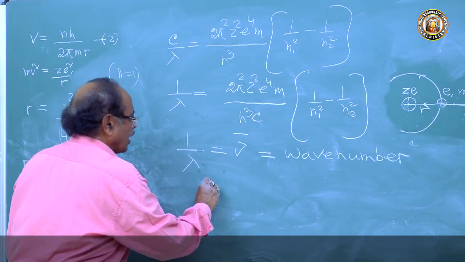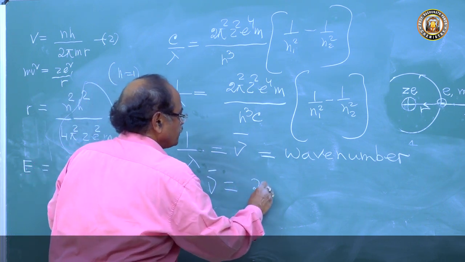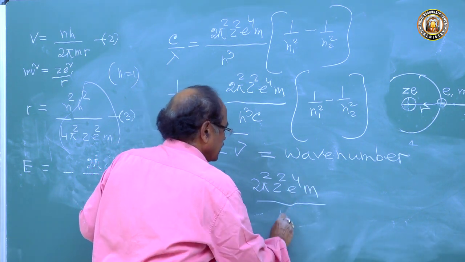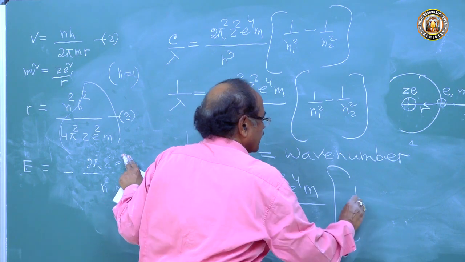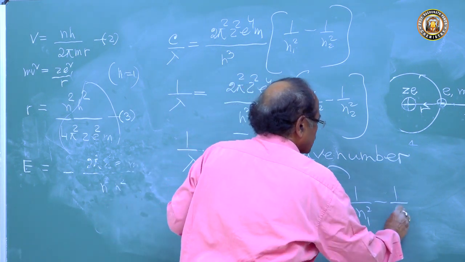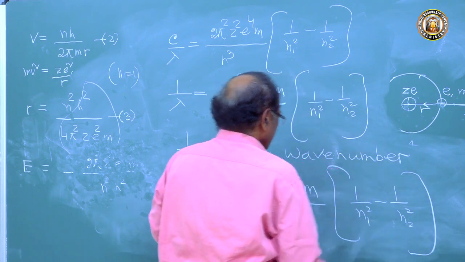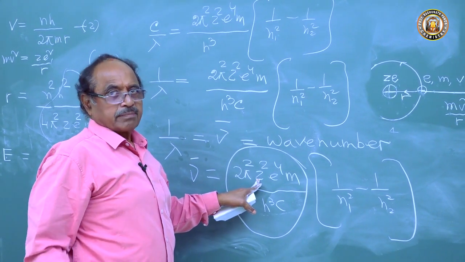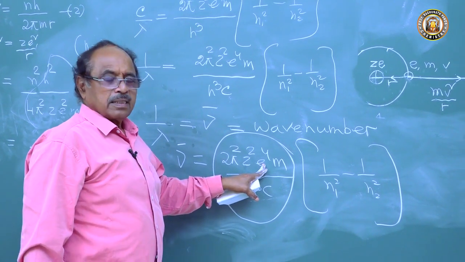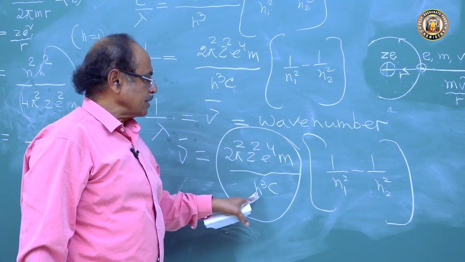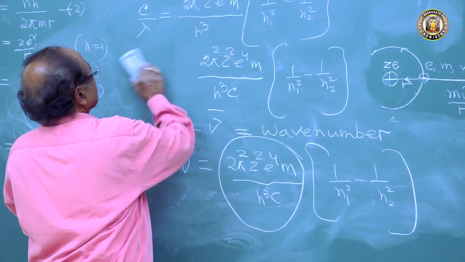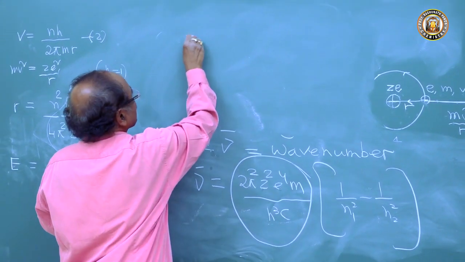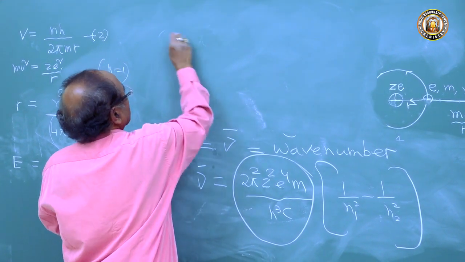So 1 by lambda, nu bar, is equal to 2 pi square z square e fourth m by h cube c into 1 by n1 square minus 1 by n2 square. All these are constants. Z is a constant because it is fixed for an atom, e is the charge of the electron, m is the mass, h and c. He calculated this for the hydrogen atom, so he called this the constant. So 2 pi square for hydrogen atom.